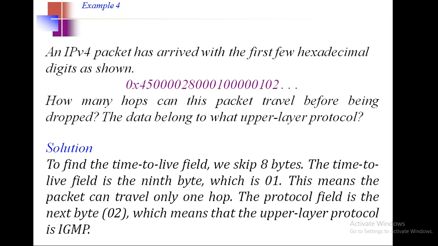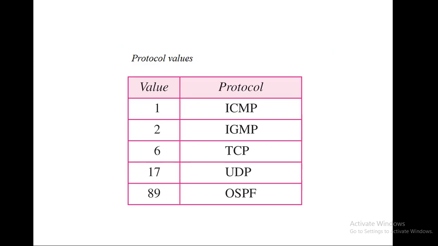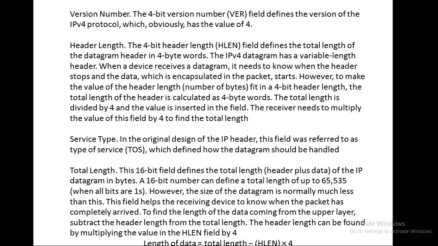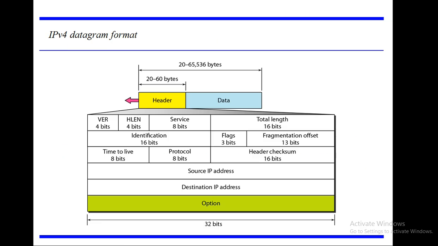Now, to find the time to live field, we have to skip the first 8 bytes. We'll go back and see why the first 8 bytes. Why do I have to skip the first 8 bytes? See, to reach the time to live, many fields have to be skipped.